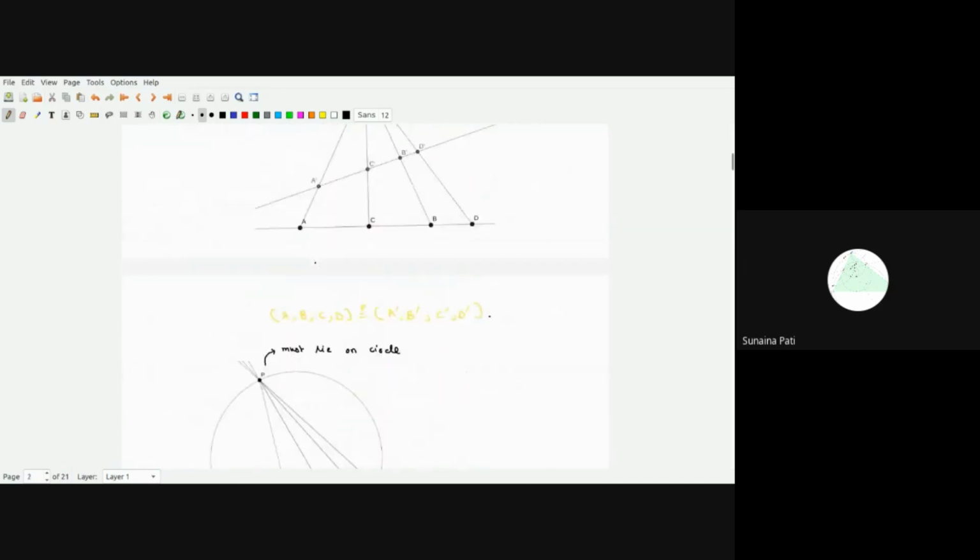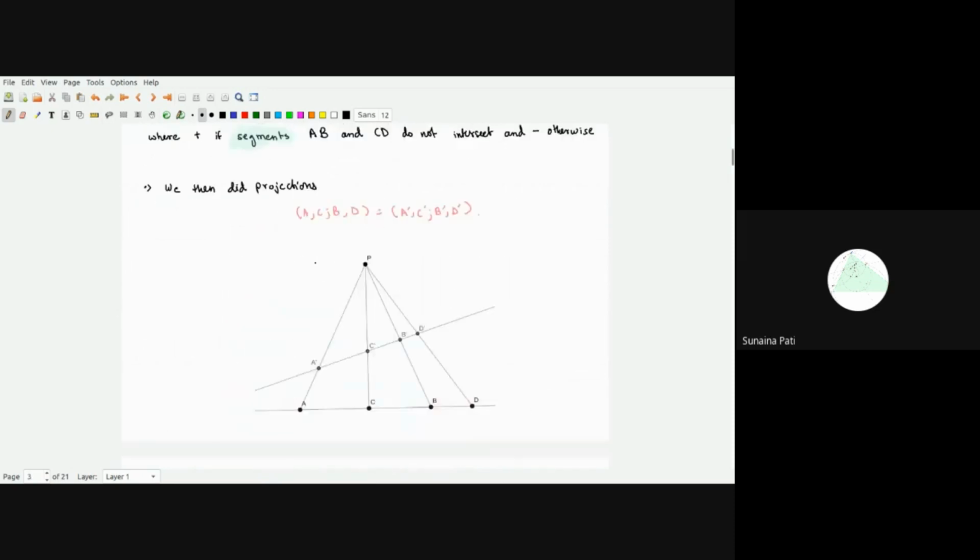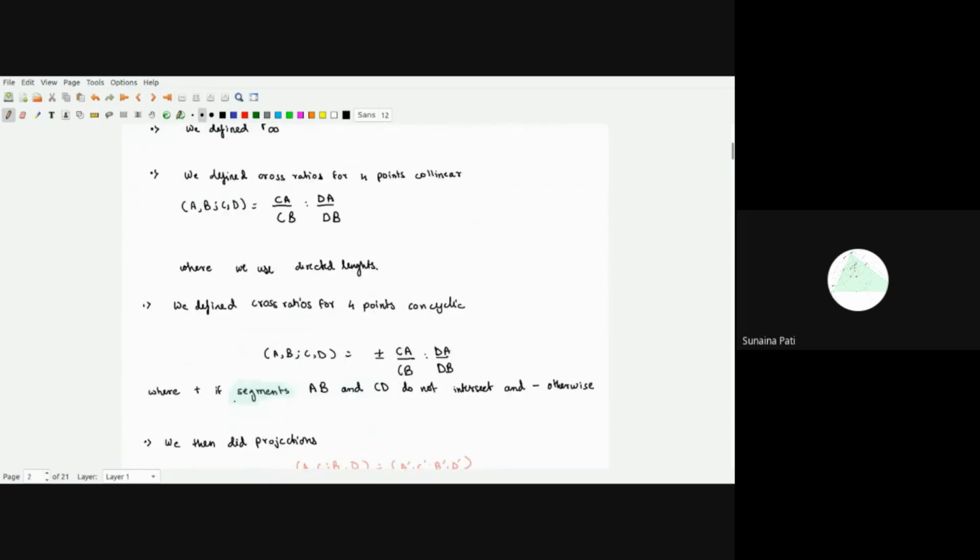Cross ratios for 4 points which are concyclic is defined like this: plus minus CA by CB to DA by DB. A harmonic chord is basically the 4 points having the cross ratio -1. Yeah, concyclic. Cool.